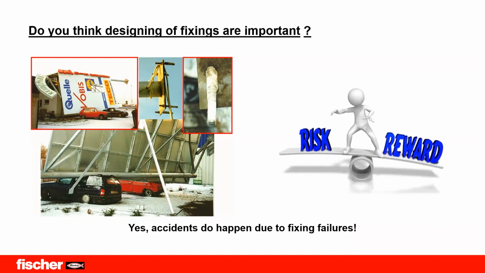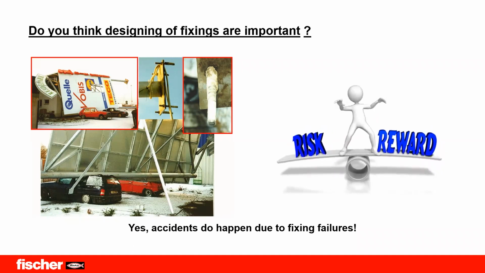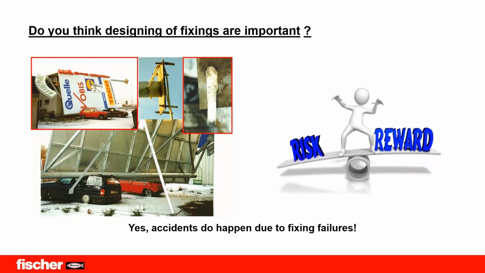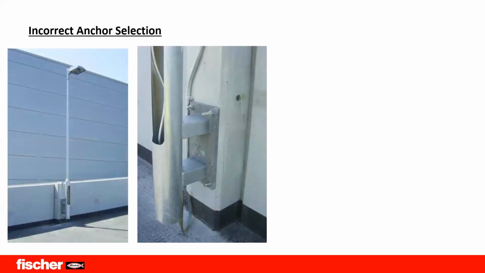So Somin, just for our viewers here, can you give a very brief example of what you have just mentioned? For sure. There are many failures that happen due to incorrect anchor selection and wrong anchor chosen. As you see in this picture, you have a lamp post which had to be fixed to a narrow concrete upstand.